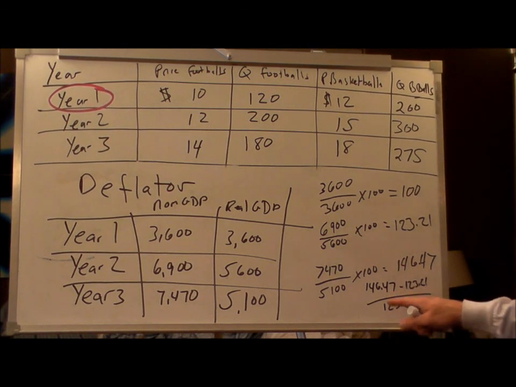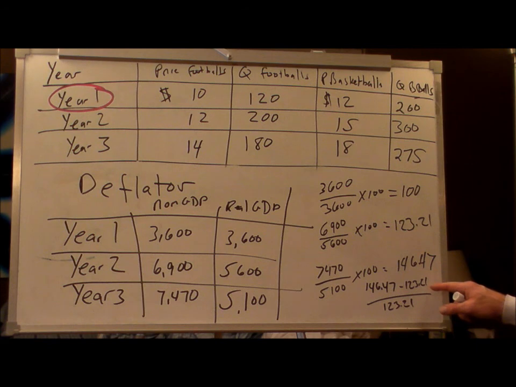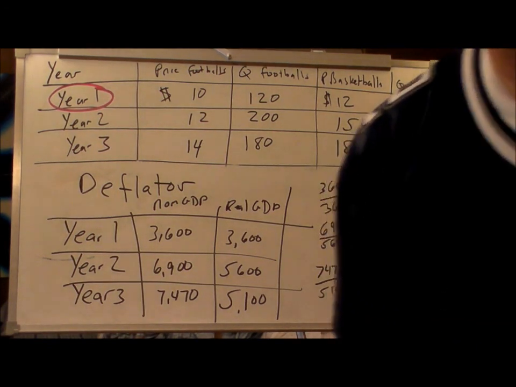So you take the later year minus the earlier year, divided by the earlier year.